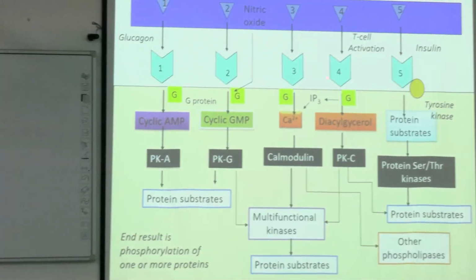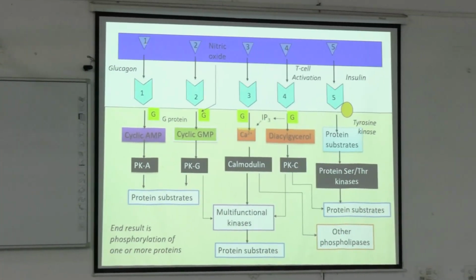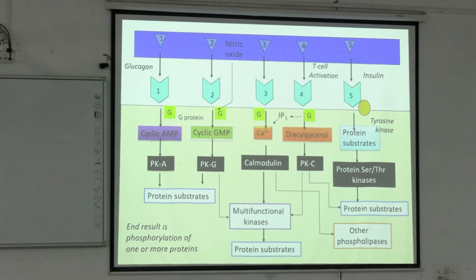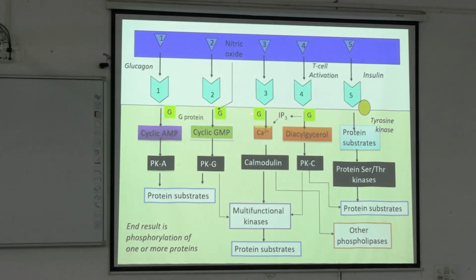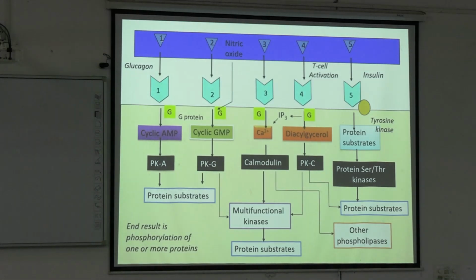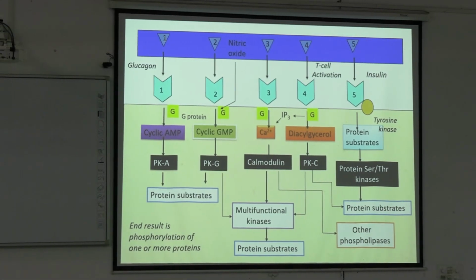Number 3, come to T cell activation. Suppose a cell surface receptor receives a ligand and then it activates through G protein which produces calcium ion. From where? Endoplasmic reticulum, very good.